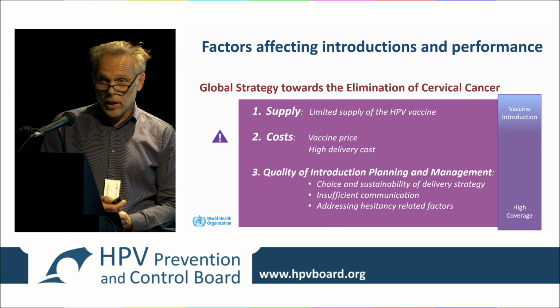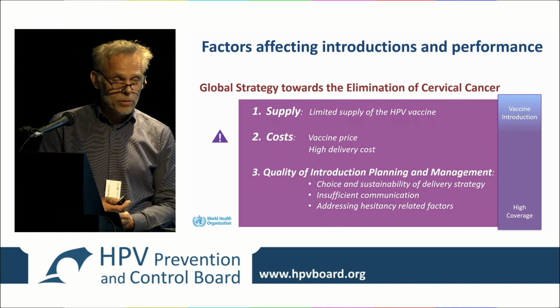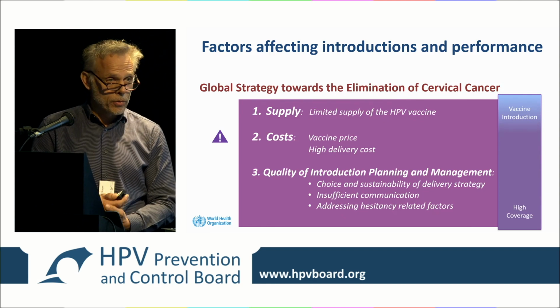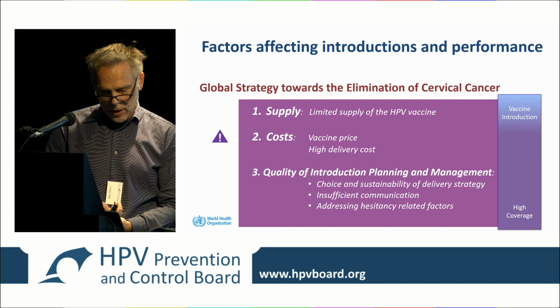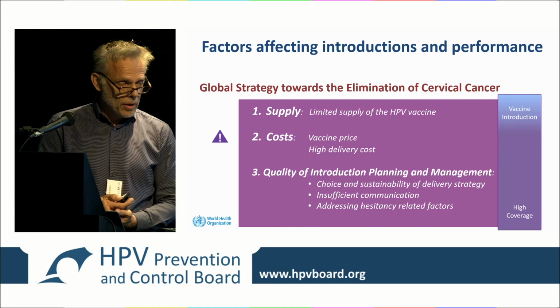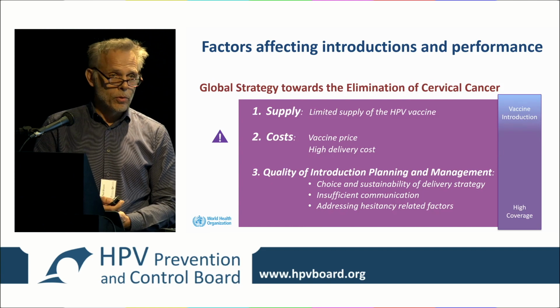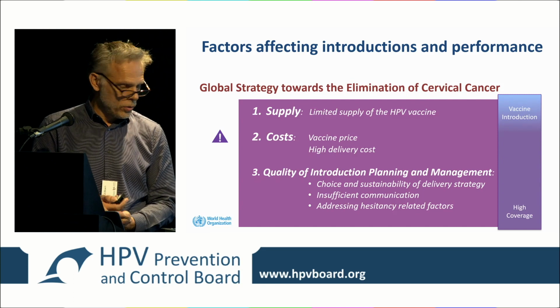So vaccine price continues to be an issue, particularly for the middle-income countries. Gavi countries get support, middle-income countries don't get that support. For them it means a lot, and so we see this back in some of the data. Delivery costs, that's another part of the cost, are important. School vaccination in many of the lower-income countries is not something they normally do, so it costs more.